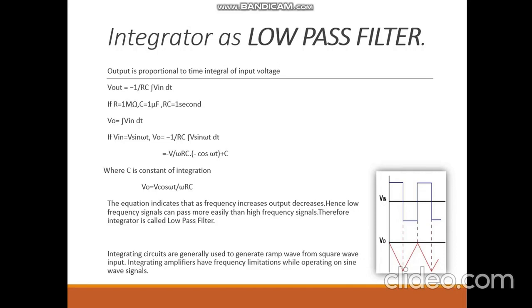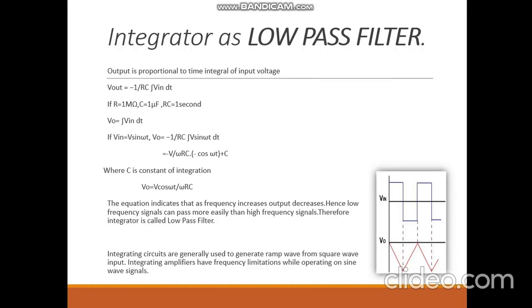That is, Vout is equal to V cos omega t upon omega RC. Now this equation indicates that as the frequency increases, the output voltage decreases. Hence, low frequency signals can pass more easily than high frequency signals in case of integrator circuit. Therefore, integrator is called a low pass filter.